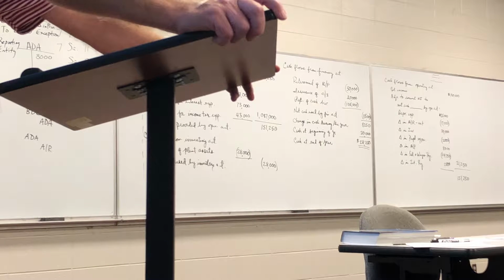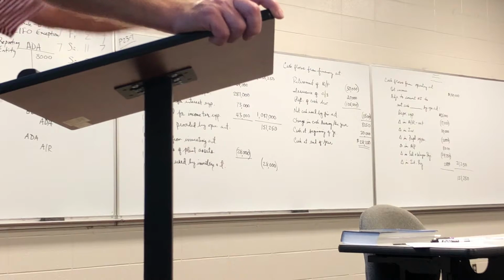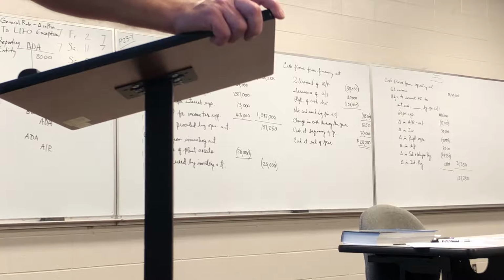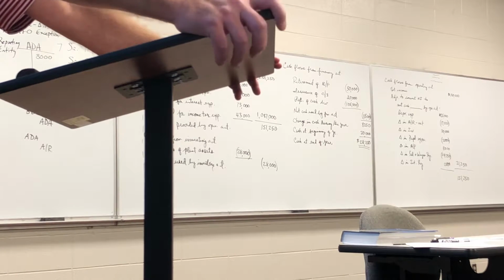B, restate the financial statements of all prior periods presented. C, disclose in the year of the change the effect on net income and earnings per share for all prior years presented. Say, if we had been on this new principle, then net income back then would have been X and earnings per share would have been Y. And do it for all years presented, prior years presented.